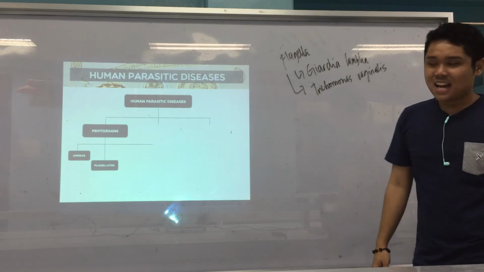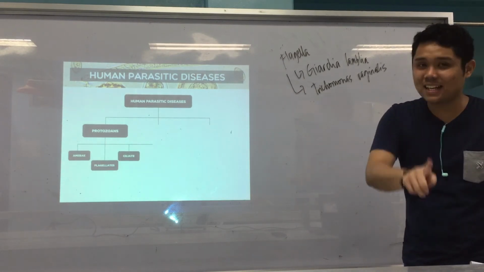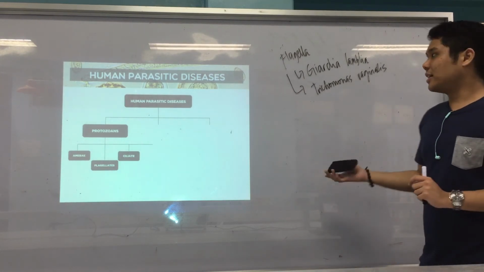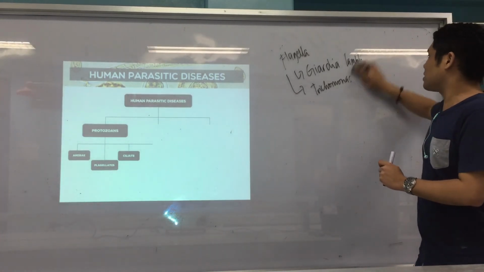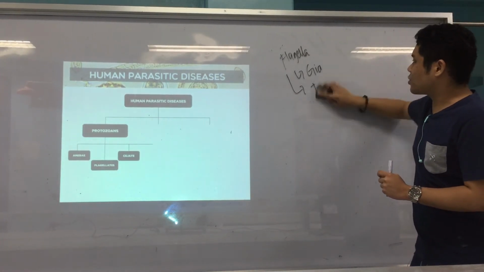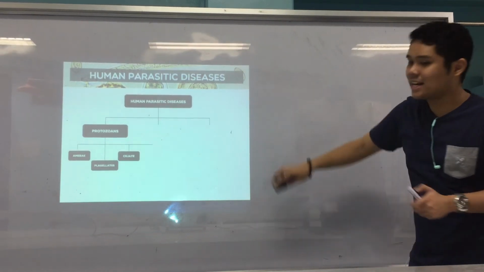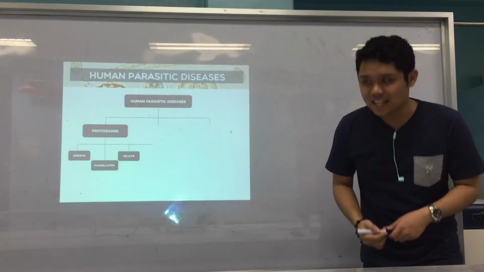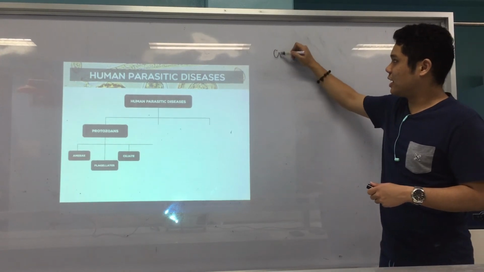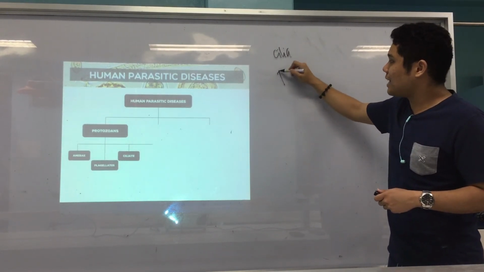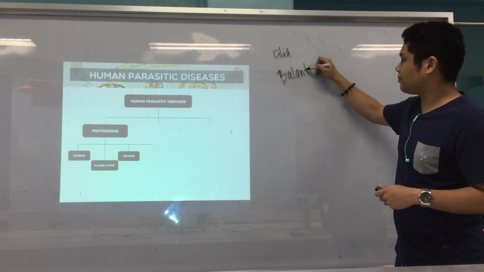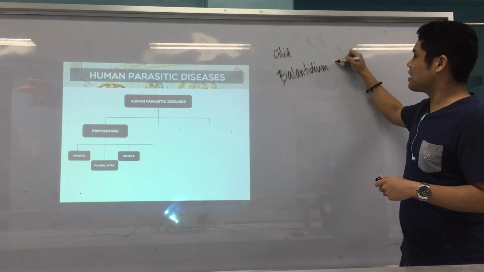Next, you have ciliates. As you can see, there's only one. We don't have a lot of ciliates that cause infection. We only have one medically important ciliate, meaning it has cilia: Balantidium coli. Please take note.